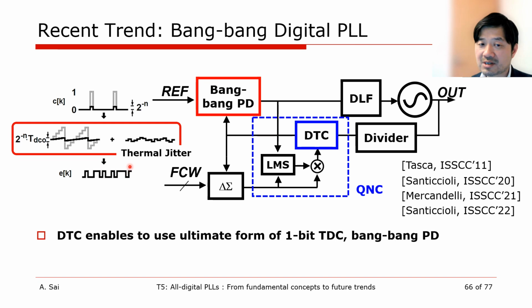So sufficient dithering is needed to keep the stable gain of the bang-bang phase detector. However, sufficient level of noise can be obtained from both the DCO phase noise and DTC quantization noise in the digital PLL.